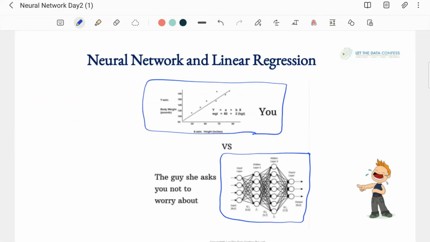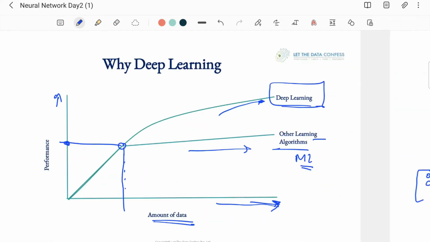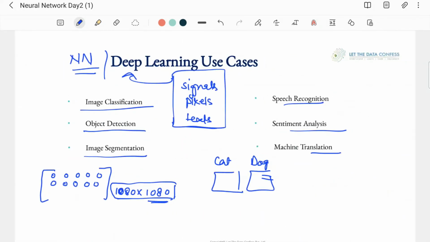We understood how linear regression and a neural network are different, and we understood the differences in efficiency, data, training time and computation, and also what kind of use cases there are where it's good to use deep learning. It's not that we can't use machine learning, but it's always advised that we should use deep learning.